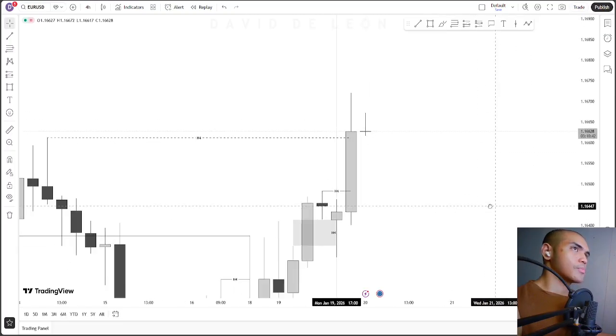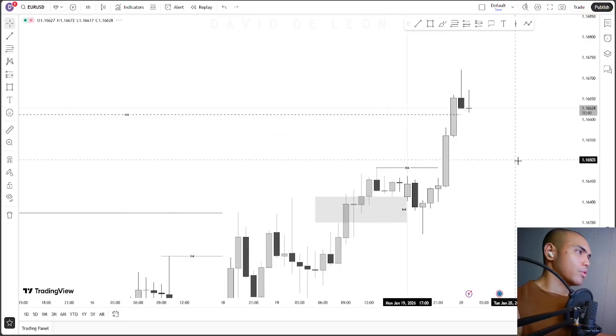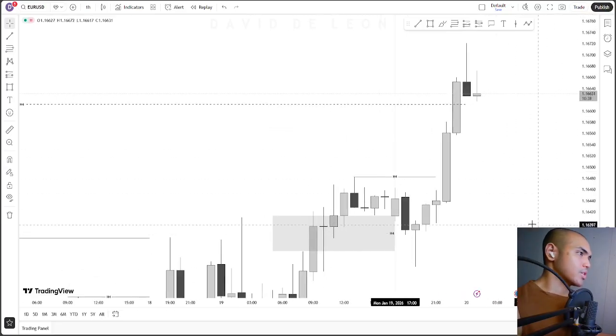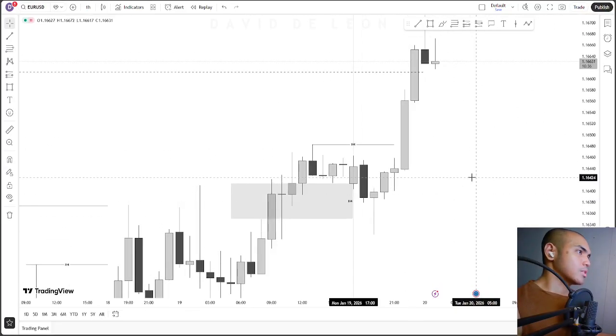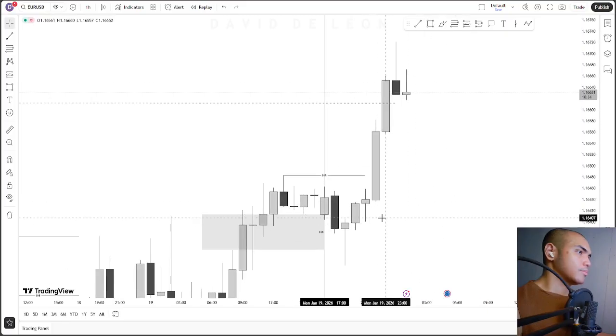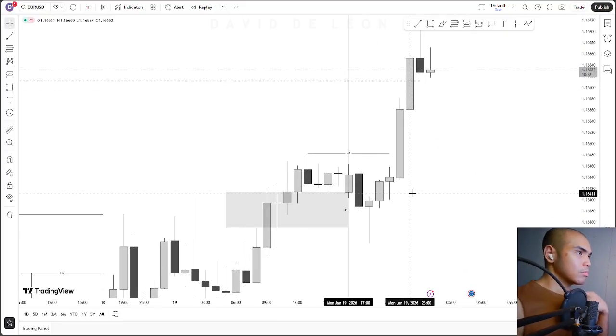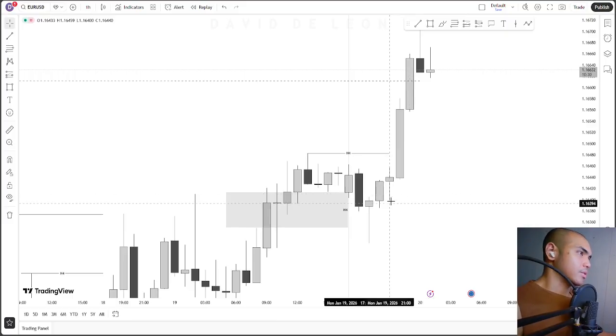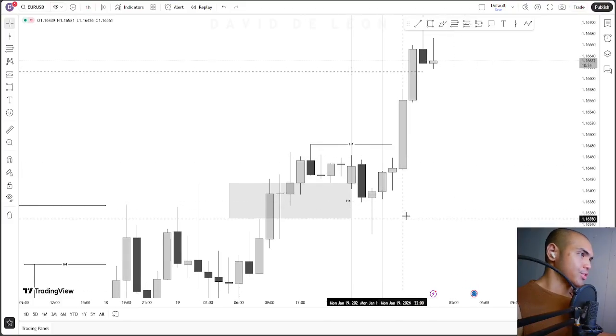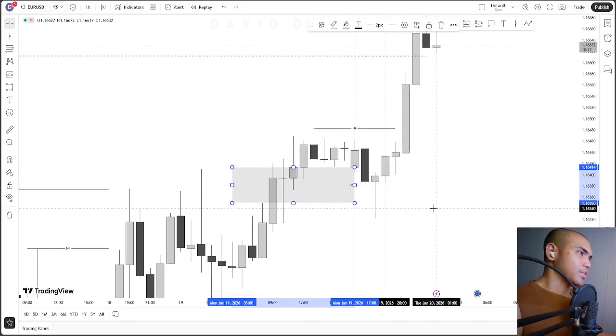Going down to the H1s, we can see that the H1 formed a bullish swing after reacting to this H4 buy side imbalance.